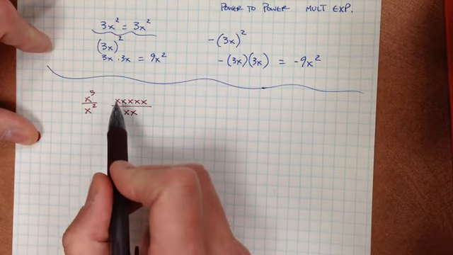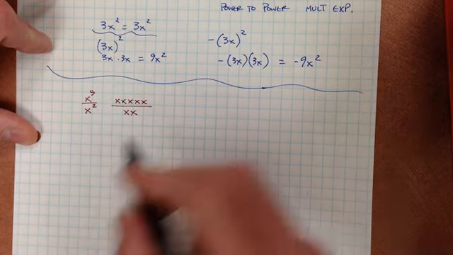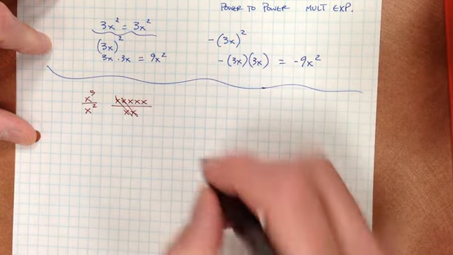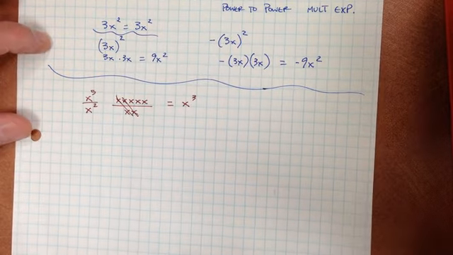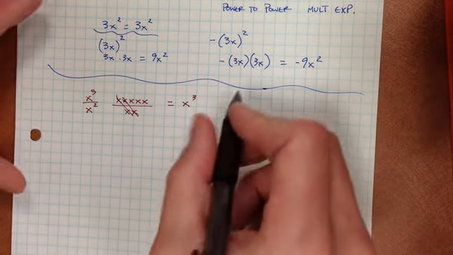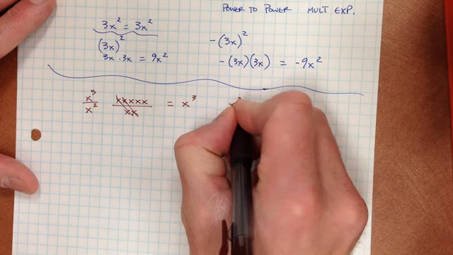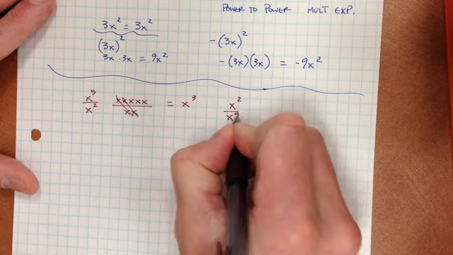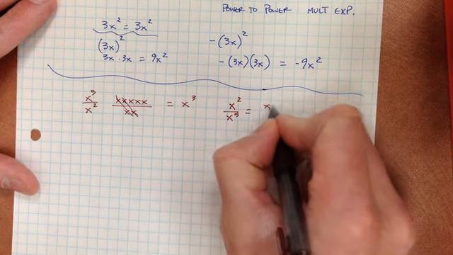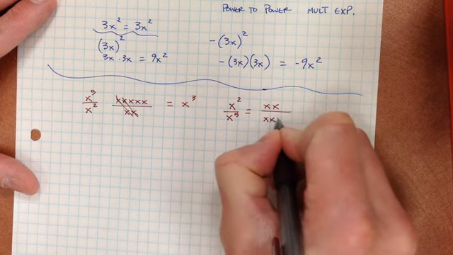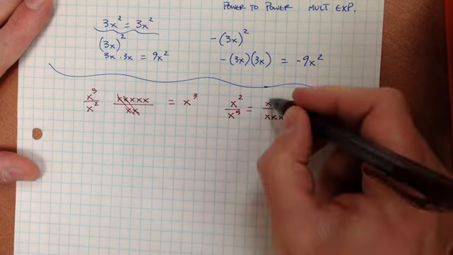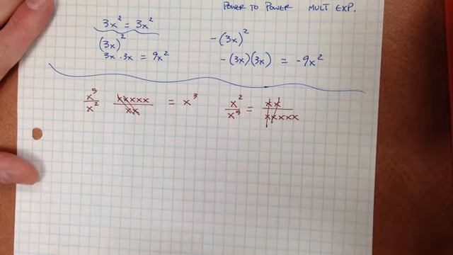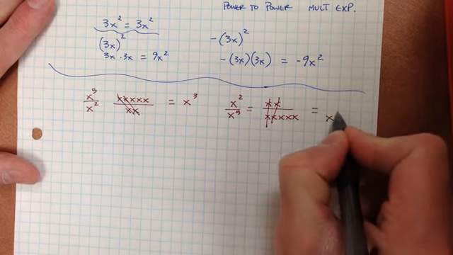Okay, so 2 of these x's on the top cancel with 2 of those x's on the bottom, leaving you simply with x cubed in the numerator. Similar to this, same expansion, but really reversed. So those cancel, and you have x cubed.